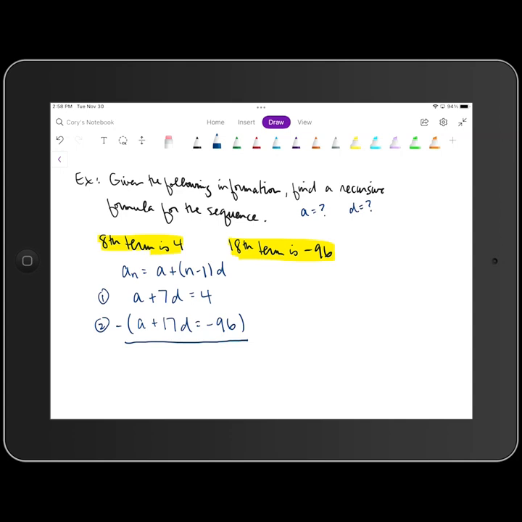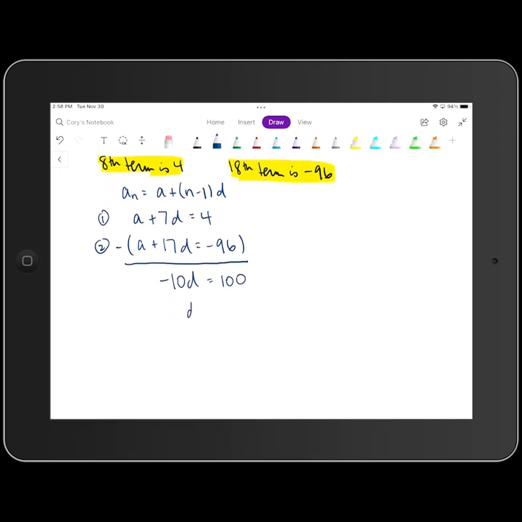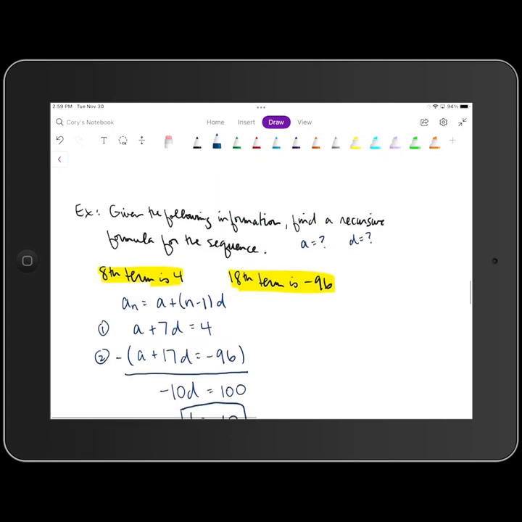We get 7D minus 17D, which is negative 10D. And then 4 minus a negative 96 is the same thing as 4 plus 96, which is 100. And then when we isolate D, we get D equal to negative 10, which was one of the things that we needed to determine. We needed to figure out what D was equal to.